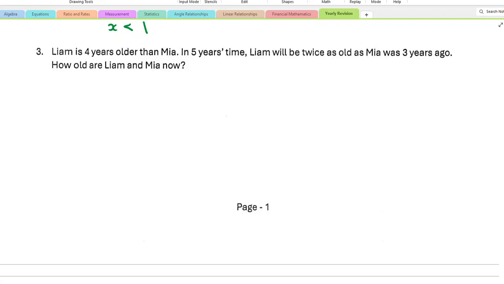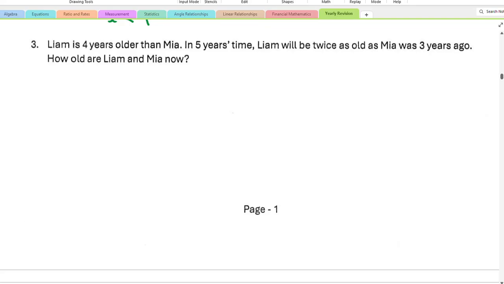The first thing you always should do is to write the wordy problem. You want to try to write that as an equation so that you can solve it. To do that, I'm going to need to give myself a letter to work with, and I always want to make that what I'm trying to find. So I am trying to find Liam and Mia's ages.